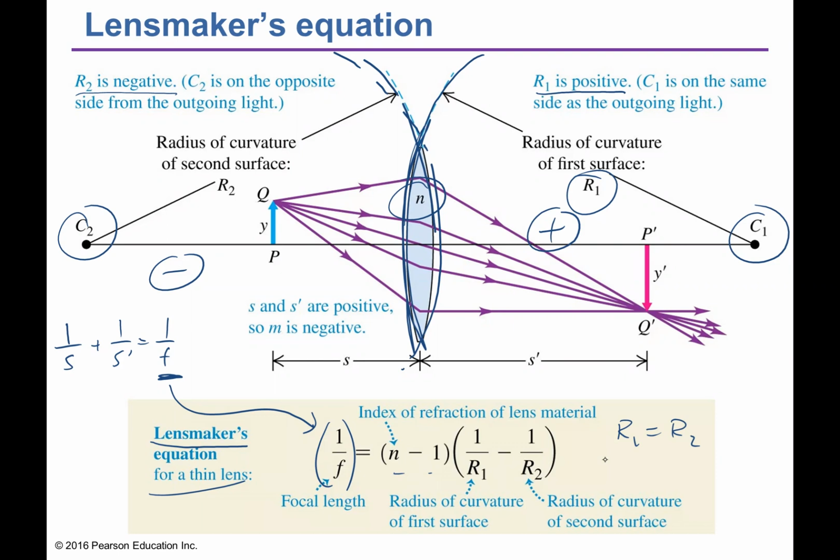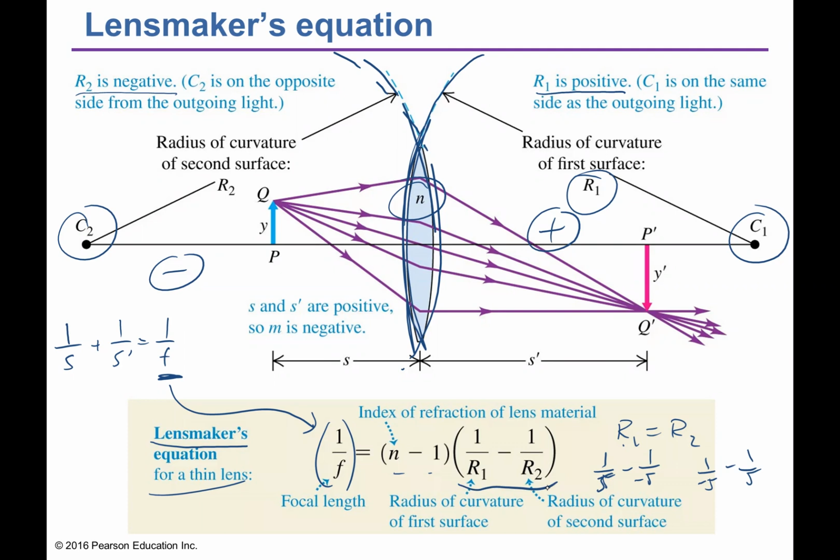For example, 1 over 5 minus 1 over 5 gives 0. But if R1 is 5 and R2 is negative 5, you won't get 0. That means the quantity in the parentheses is never 0.